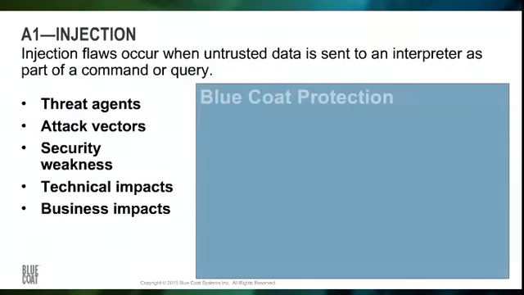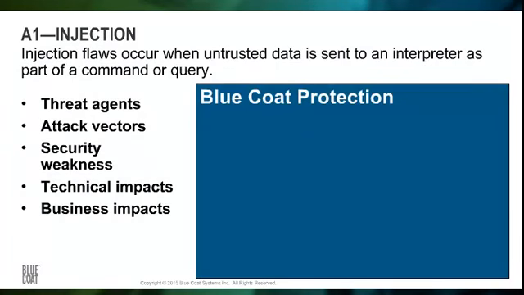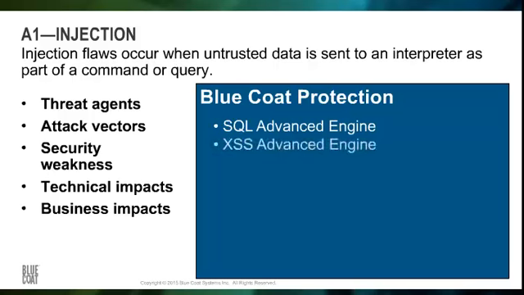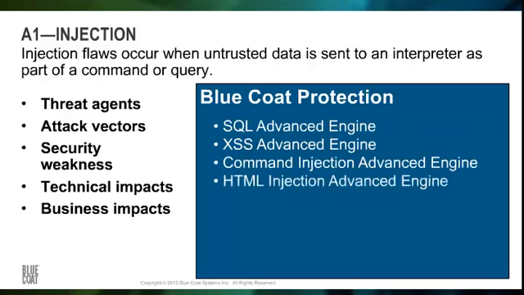The Blue Coat WAF solution offers the following protection. The SQL Advanced Engine stops SQL injection attacks. The Cross-Site Scripting Advanced Engine stops cross-site scripting attacks. The Command Injection Advanced Engine intelligently blocks cmd.exe and bash commands. The HTML Injection Advanced Engine blocks dangerous HTML tags, attributes, and events.